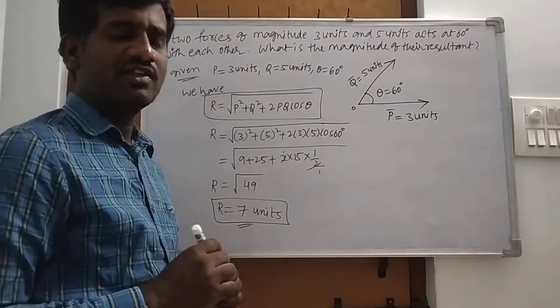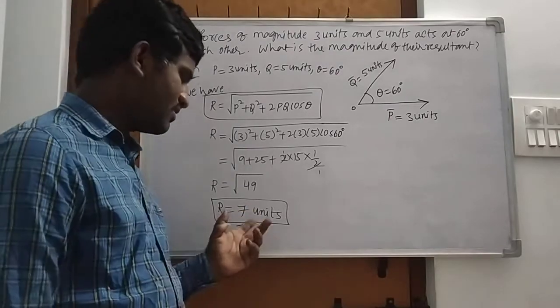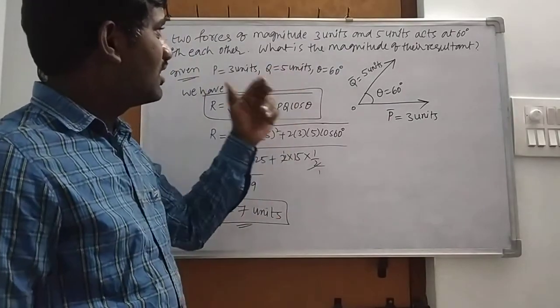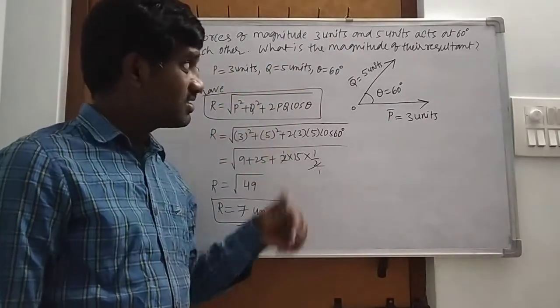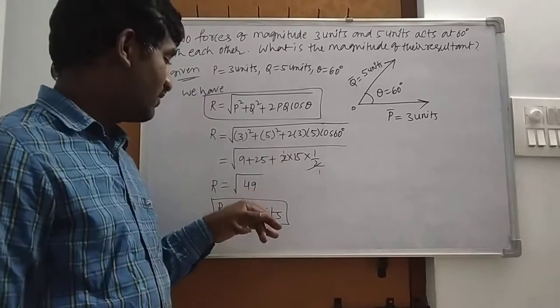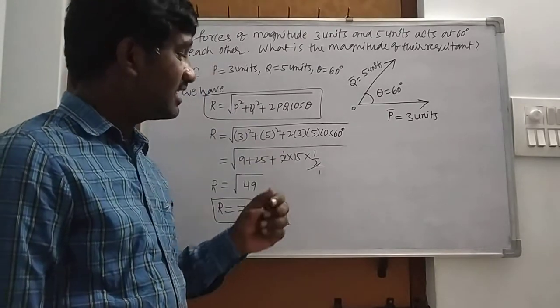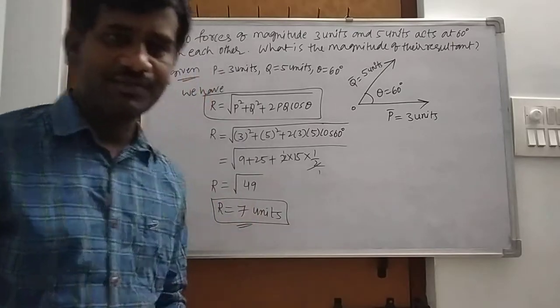Square root of 49 is 7. So R is equal to 7 units. The magnitude of the resultant of the two forces is 7 units.